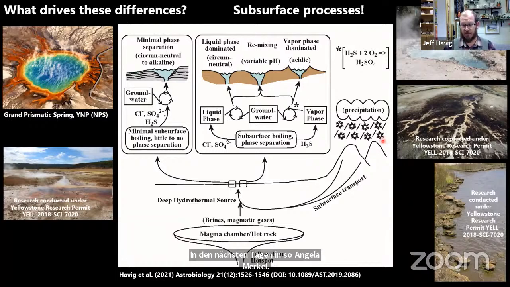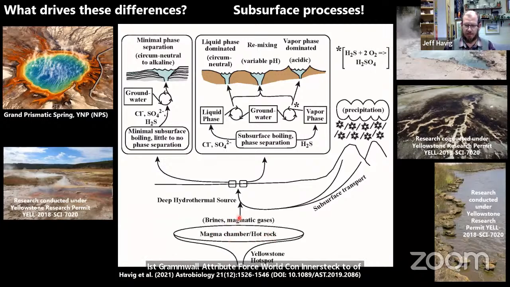So at Yellowstone in general, we have this idealized model of precipitation falls in the surrounding highlands. It moves through the subsurface, groundwater transports to a place where it can intersect with brines being released from the magmatic chamber. And then as those rise, mix with that subsurface water, you have your deep hydrothermal source that then rises to the surface. And then that's where things can get really interesting.